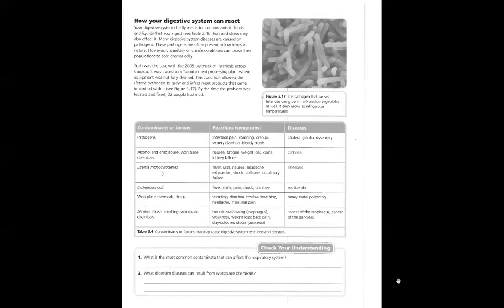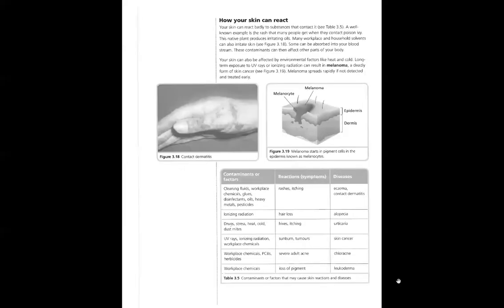We looked at how the digestive system can react to pathogens, some of the reactions, some of the diseases caused. We looked at the skin reacting to irritants, different things that can be absorbed in through the skin. And we looked at some of the contaminants, environmental factors, reactions, and diseases that can come in through the skin.